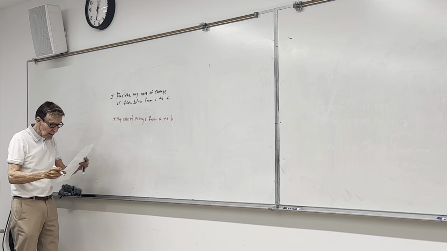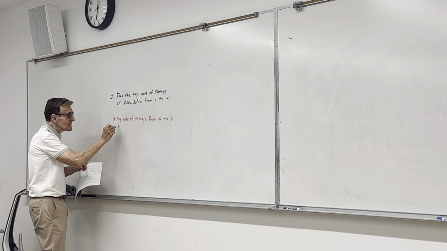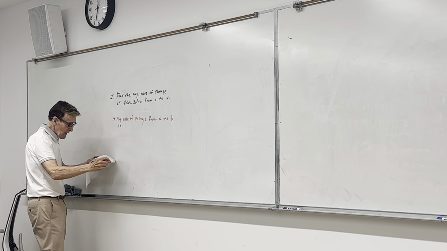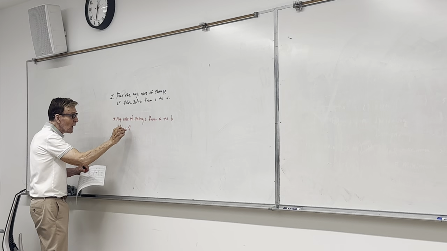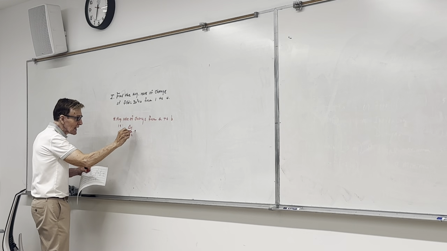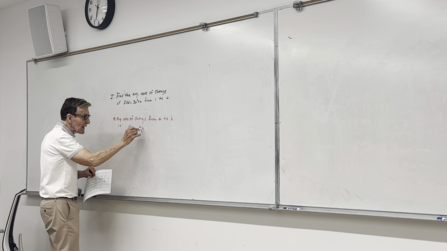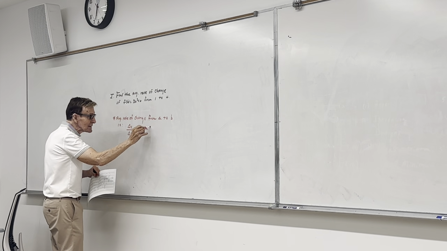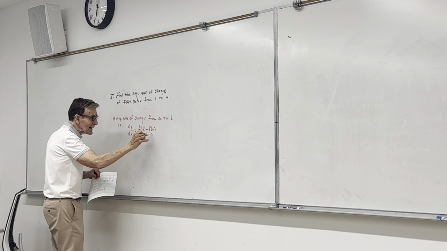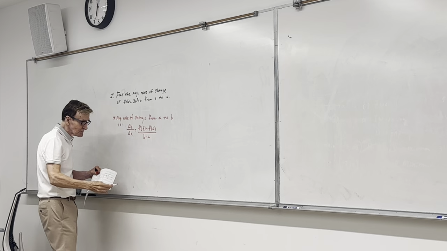They describe it as change in y over change in x, delta y over delta x, that's slope. And they say to find it, you can do this: find f at b, subtract f at a, over b minus a.